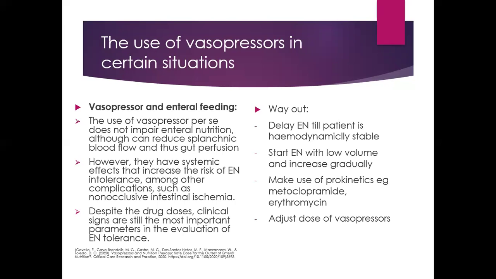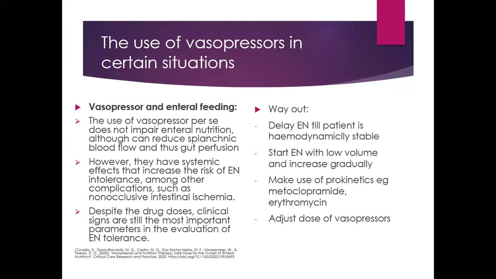Early enteral nutrition is indicated in some situations, and you want to start with low volume and increase gradually. All right. Another thing we do is we make use of prokinetics, which helps, especially in cases of feed intolerance. And you can actually adjust your dose of vasopressors, and you can have add-ons.